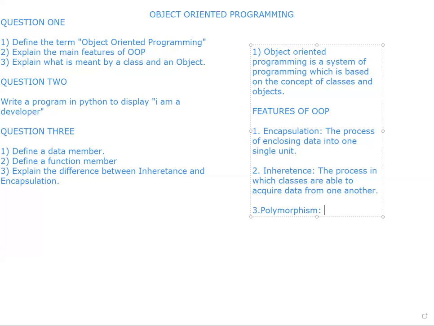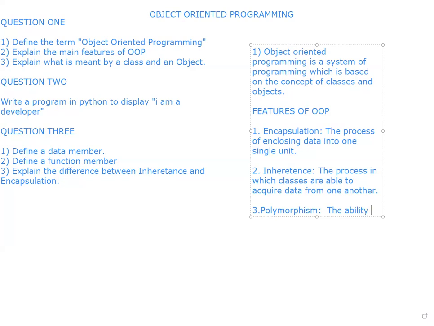So this is the ability for a program to present data in different forms. Because what classes do, they can present data in different forms. Maybe let's say you've got a number 4 as an integer. It can be represented as 4.0 in terms of a float or a double, right? So that is a form of polymorphism.